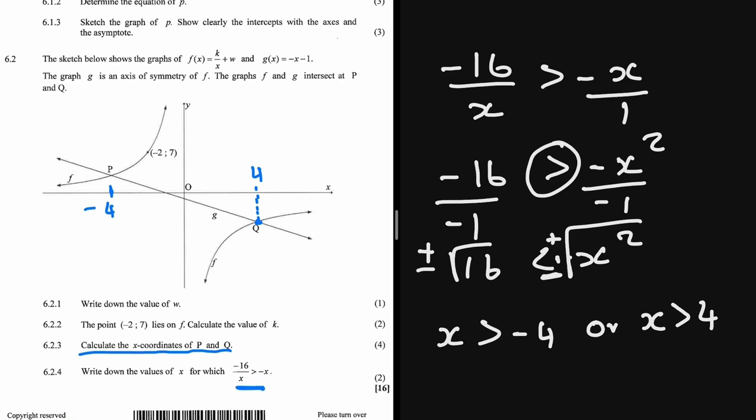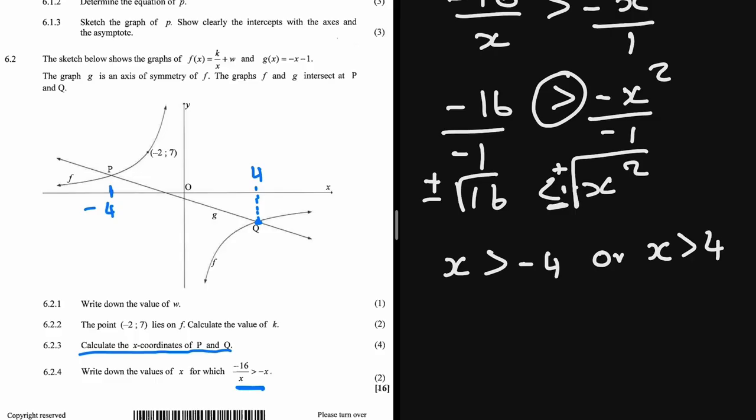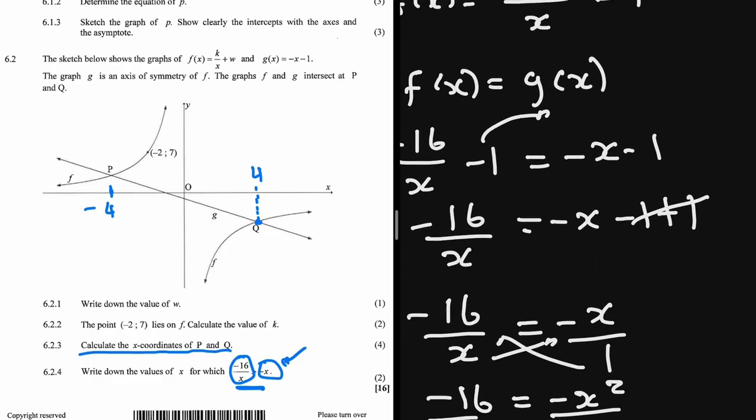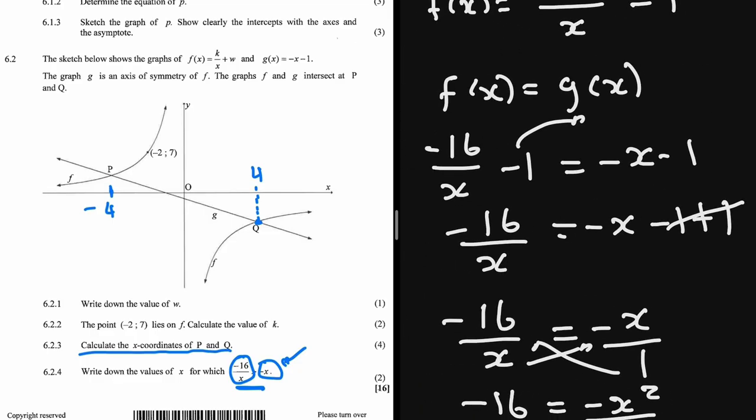Now let me also give you the analysis of this. Remember, we have this as the equation of f at x, and this one as the equation of g at x, because that is what happened when we simplified. When we moved negative 1 to the other side, these things cancelled, and we just have negative 16 over x equals negative x.